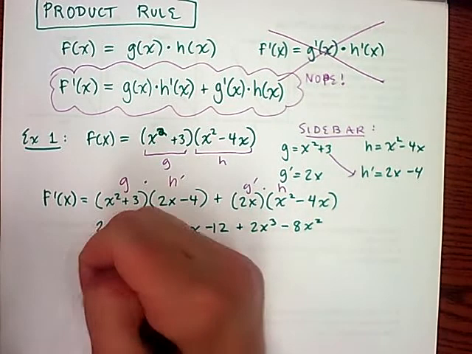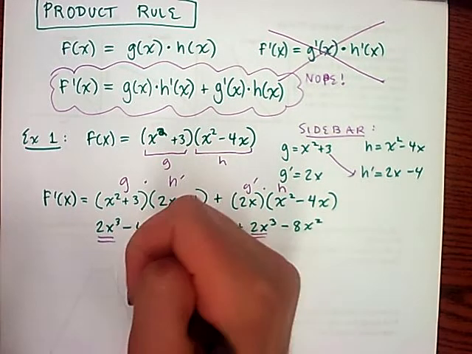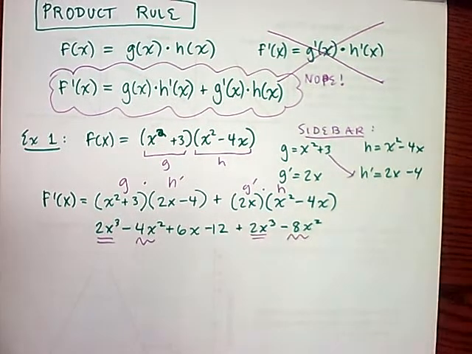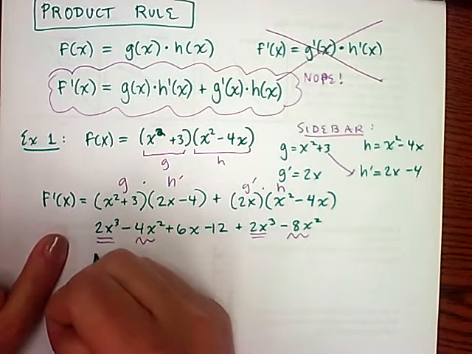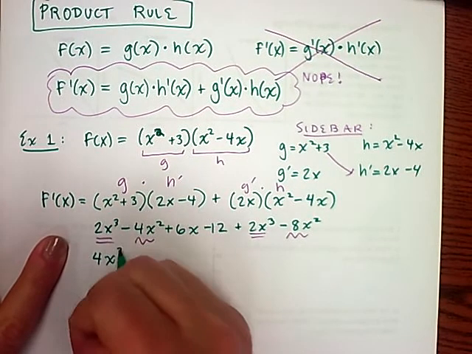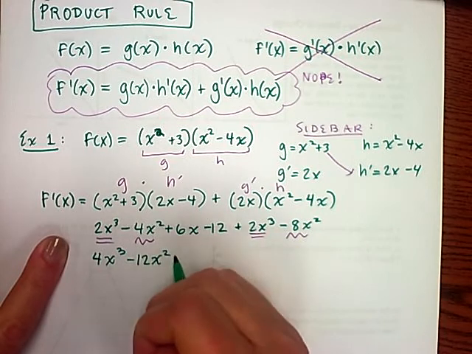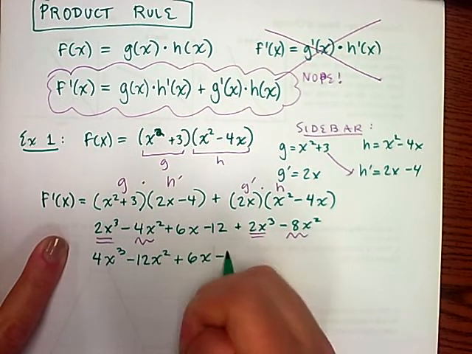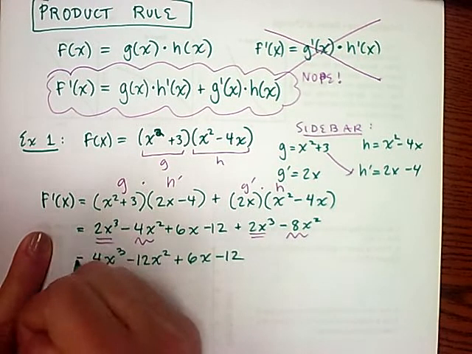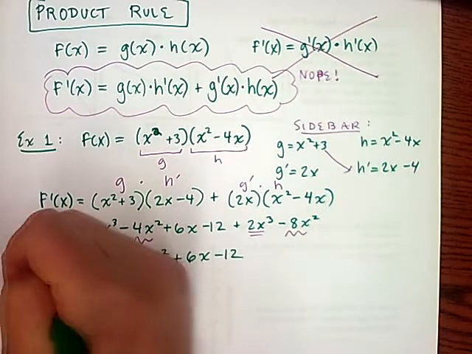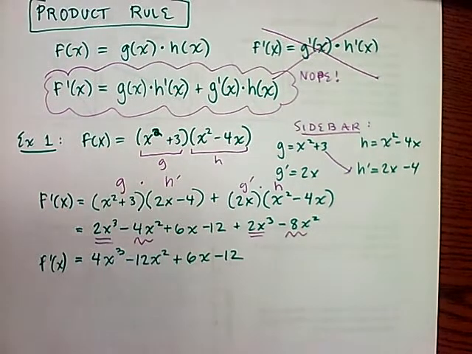I have my x cubed terms and my x squared terms. So I would end up with 4x cubed minus 12x squared plus 6x minus 12. And that would be a more simplified version of the derivative.